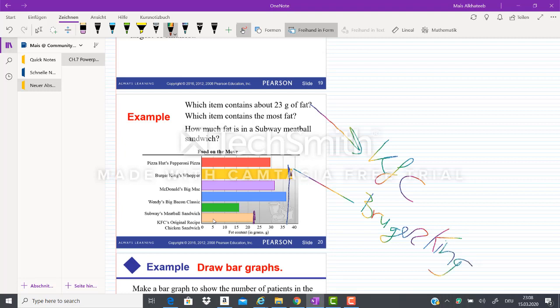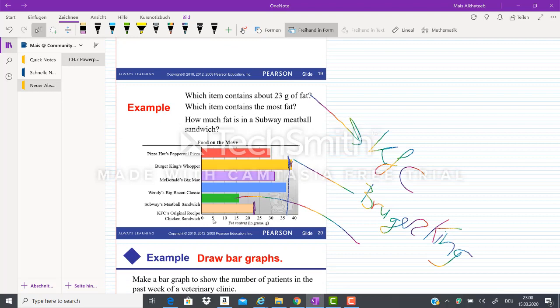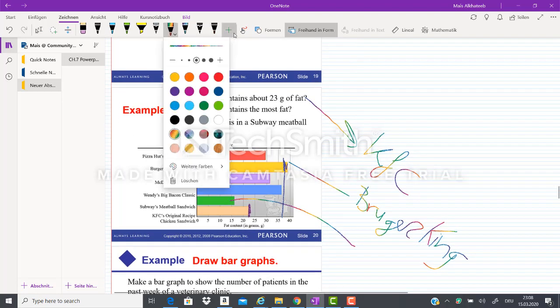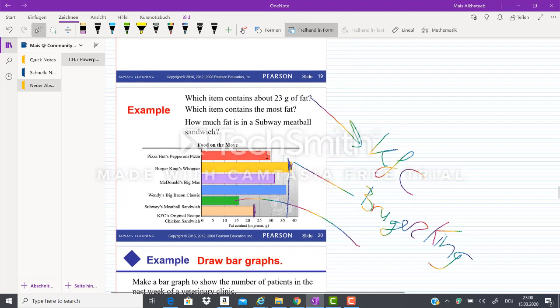Okay, now how much fat is in Subway meat? Subway meat is over 15, so about 16. We can write about. Okay, sorry, it's not working.